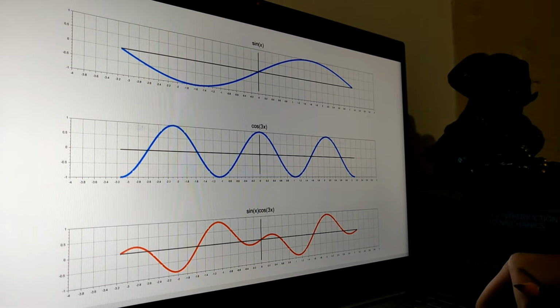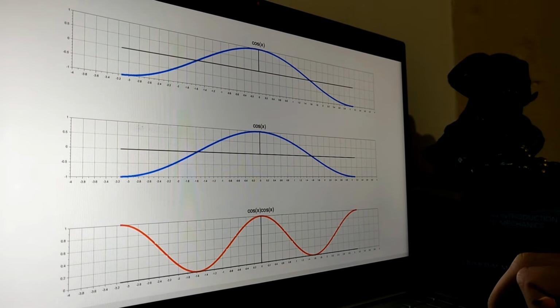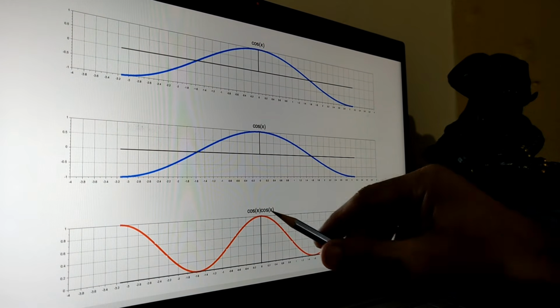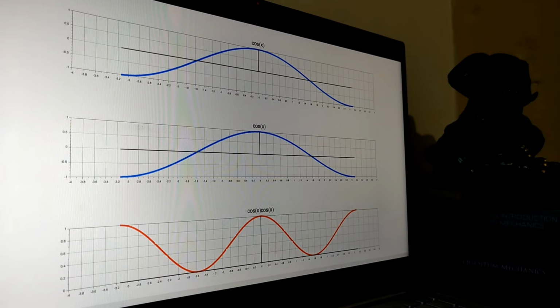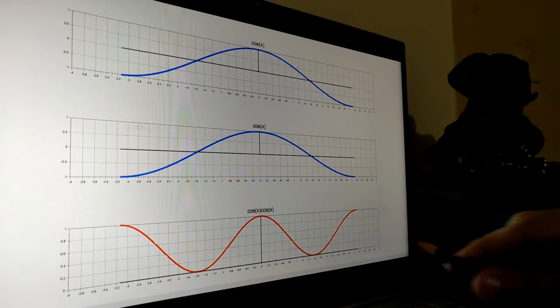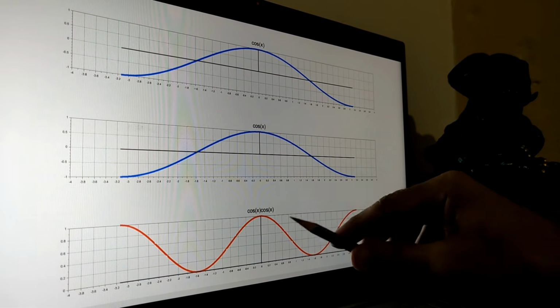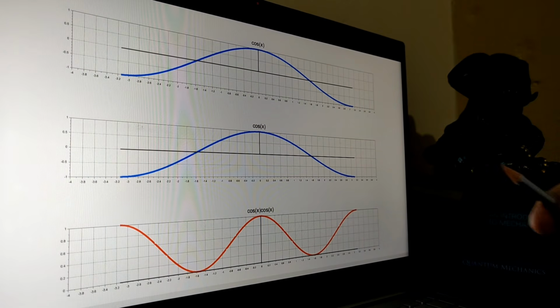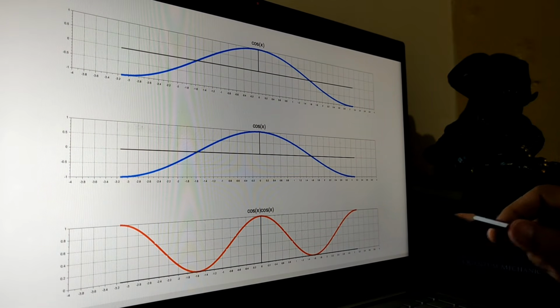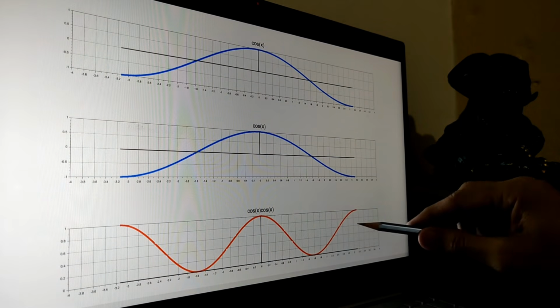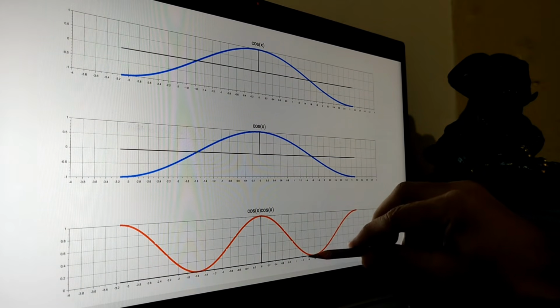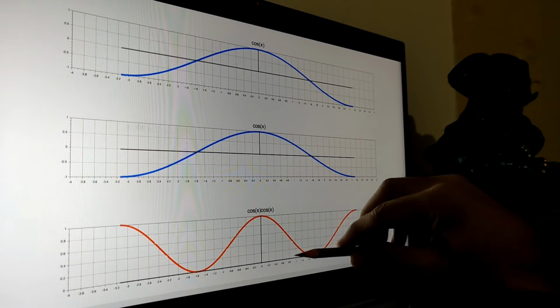Now I will talk about survivors. This is going to survive. Cosine squared x is going to survive because you are no longer going to see any negative areas, any areas with the negative sign, because this curve is not going to fall below this horizontal line.